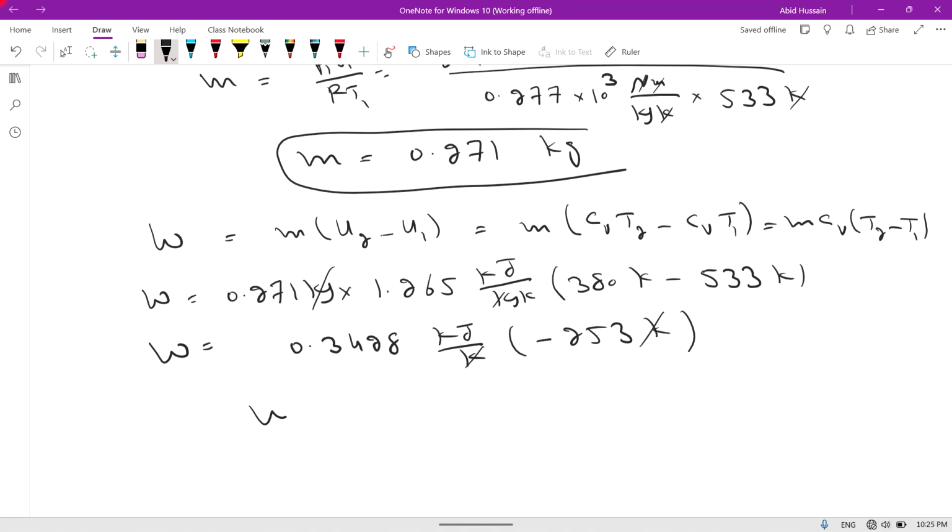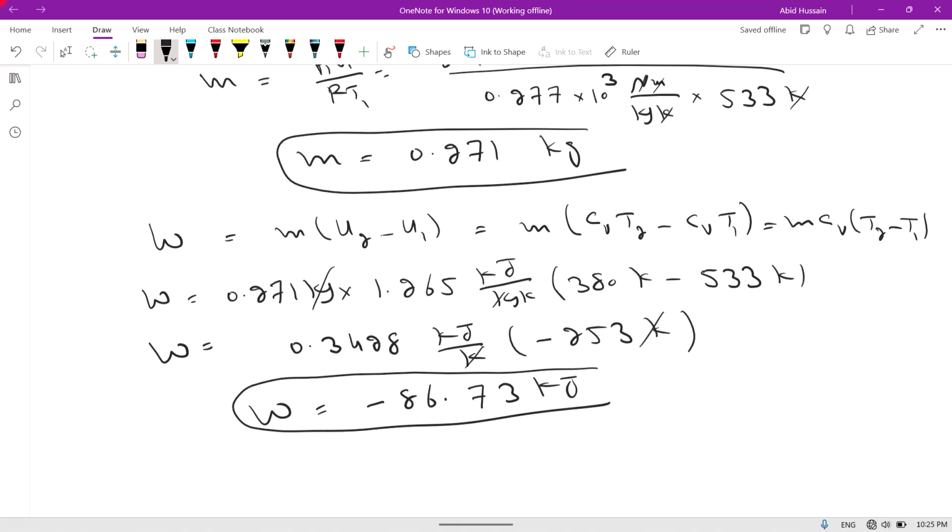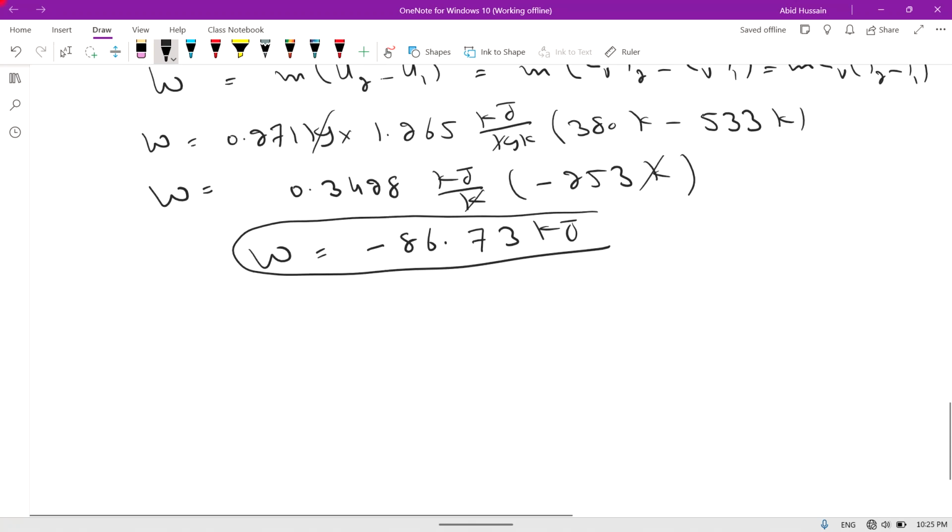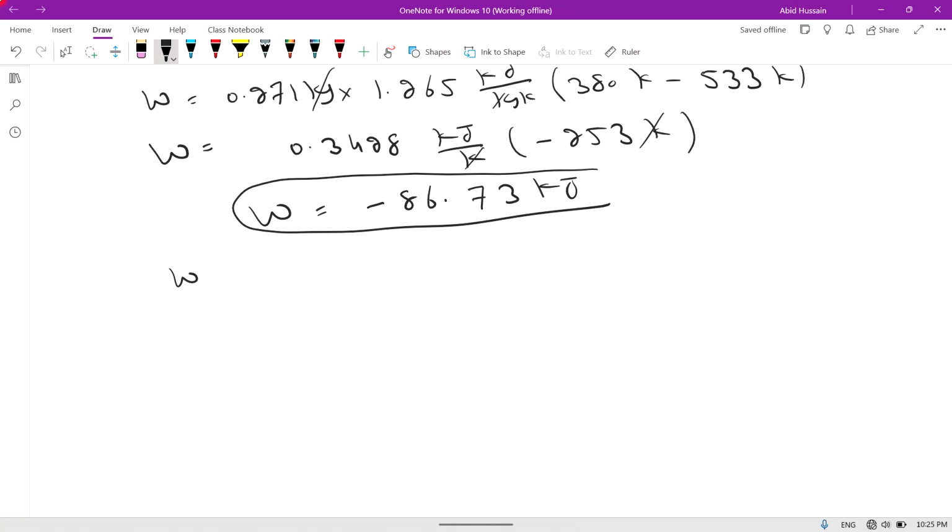Kelvin will be cancelled with Kelvin. Multiplying these two values, the answer will be minus 86.73 kilojoule. The negative sign means that the work output, or work done by the system, or work of expansion, is equal to 86.73 kilojoule.